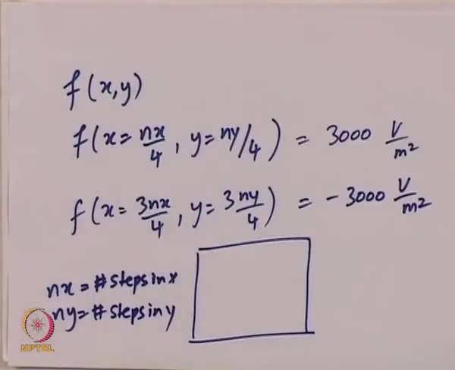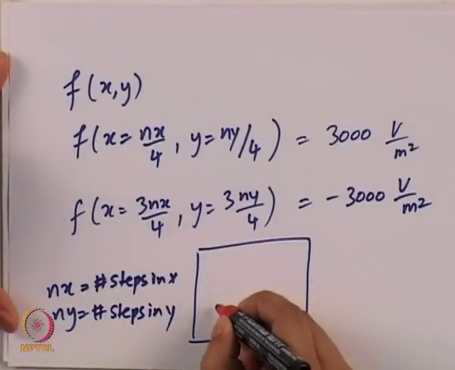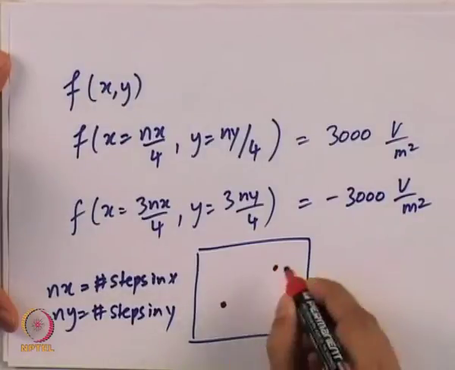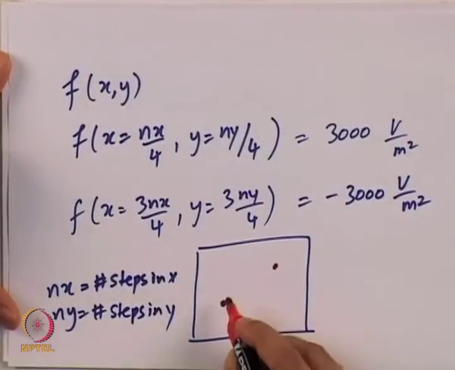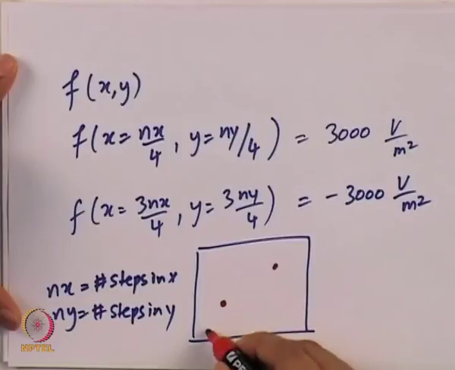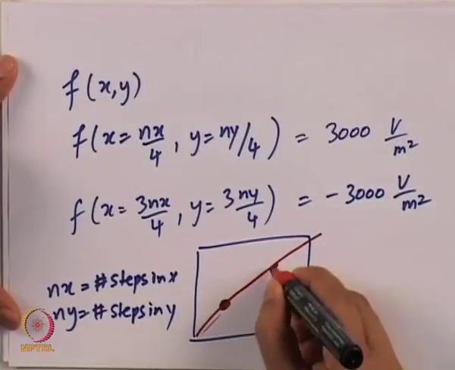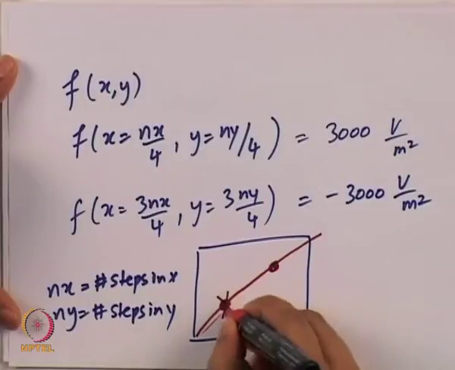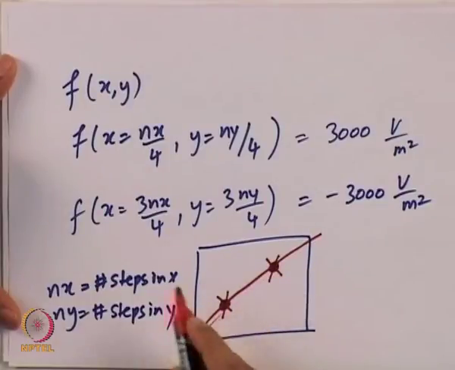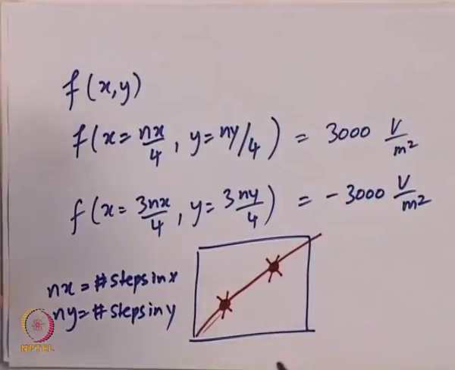Now for these 2 points, we have chosen them such that they lie along a linear line at 2 locations, and those locations are given by these 2 points, where we assign a certain value for the source.